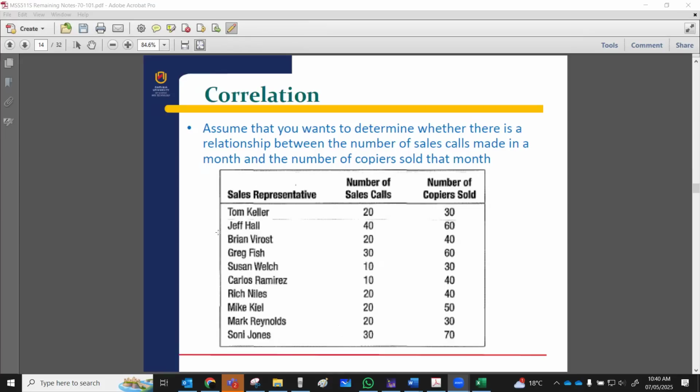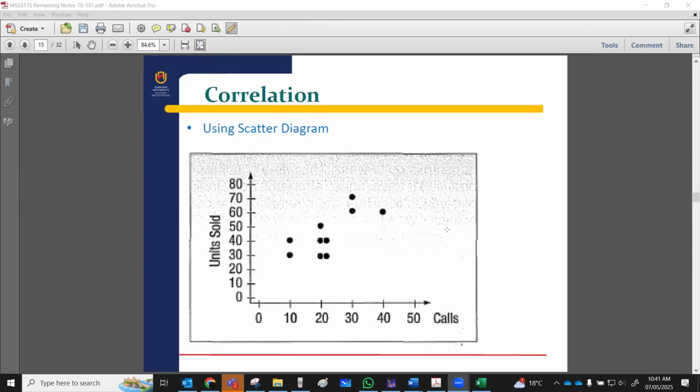So you take the data from these sales representatives, and you ask them how many sales calls did you make and how many copiers did you sell. And then we want to see, this is our X, this is our Y. Does it mean if X is high, Y will be high, or if X is low, will this one be low, and so on? Or is there no relationship at all?